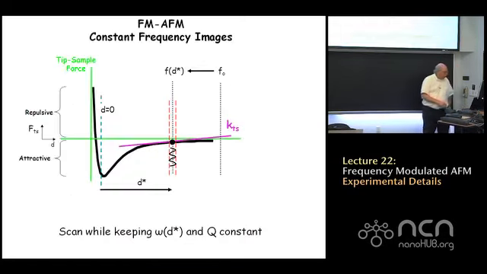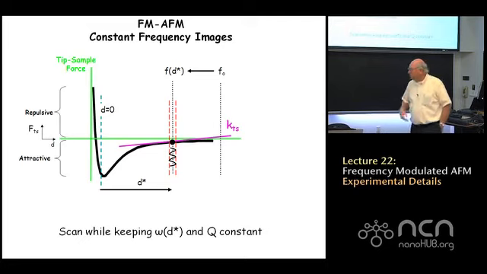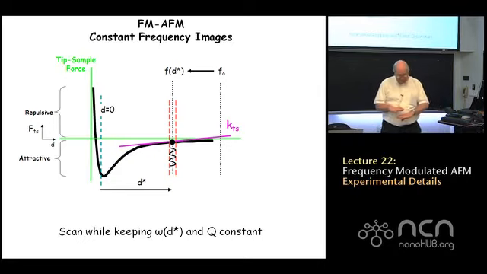So there are basically two modes of operation for these frequency modulated AFMs. The first mode of operation is to use the frequency of the tuning fork as your feedback parameter. As you scan the tip over the substrate, the interaction between the tip and the substrate will cause small changes in the resonant frequency of that tuning fork.